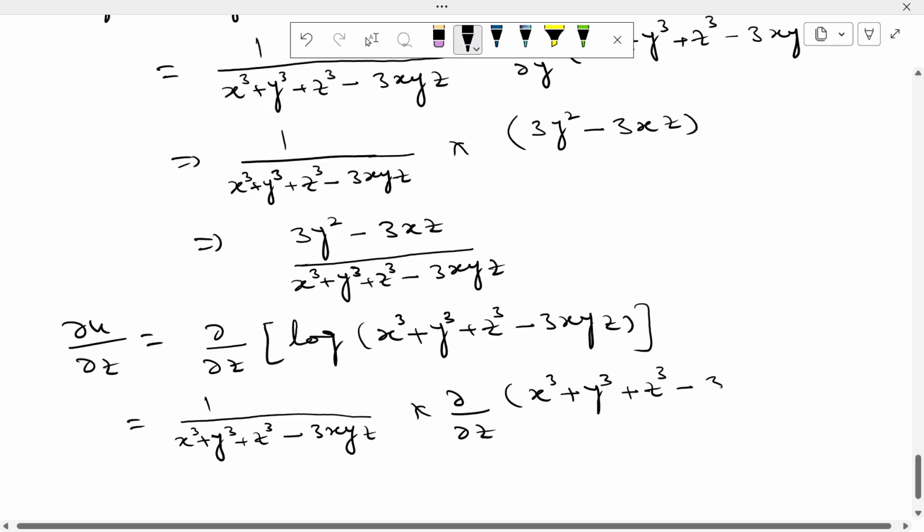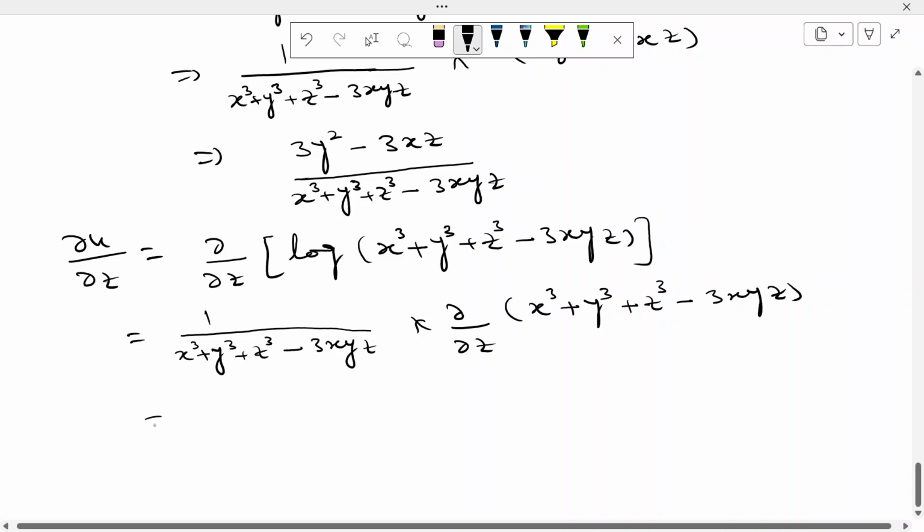Okay, so now, this gives us, again if you are differentiating partially with respect to z, the derivative of x cube is 0, y cube is 0, and here we are getting 3z square.